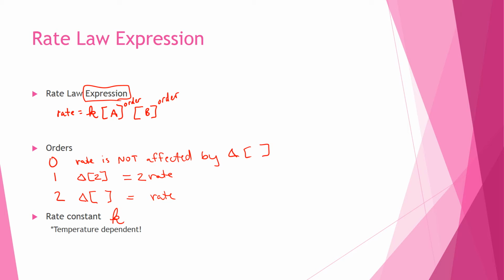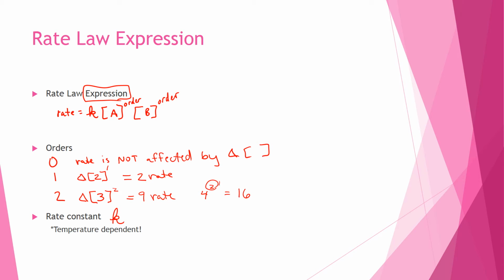So here's an example. If I have a change in concentration of 3, my rate is going to change by 3 squared, which is 9. If I had a concentration change of 4, then my rate would change by 4 squared, which is 16.